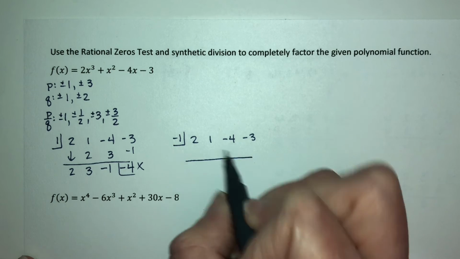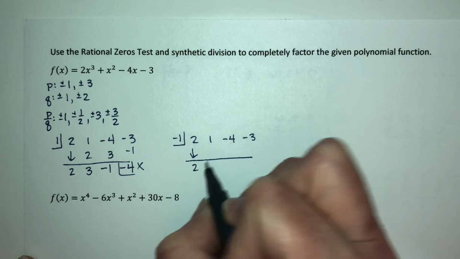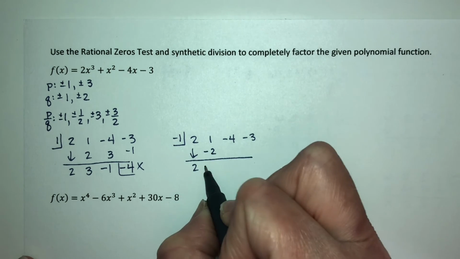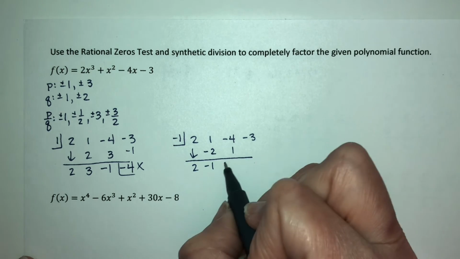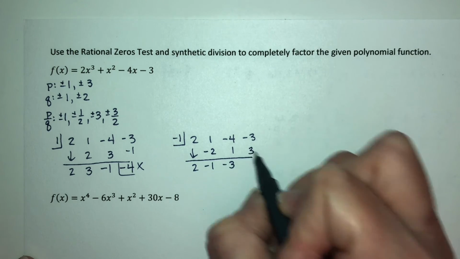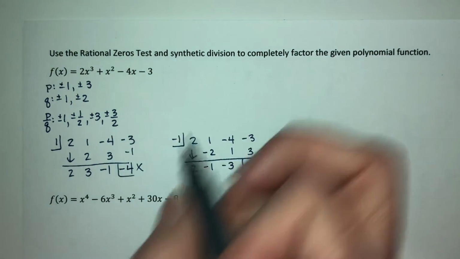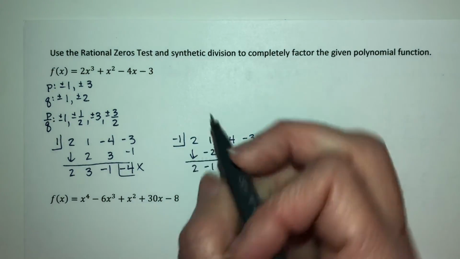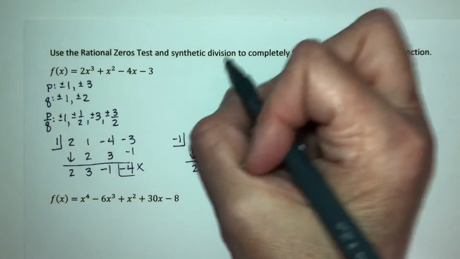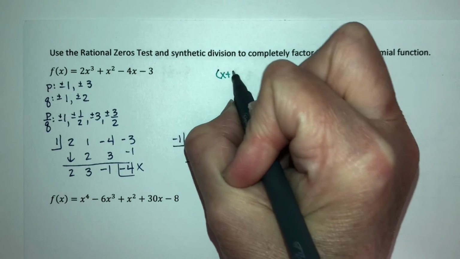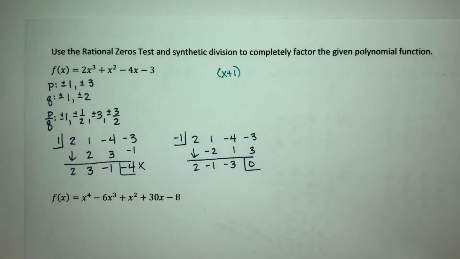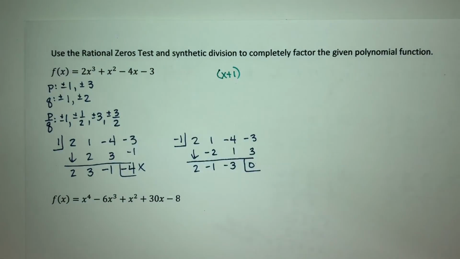Bring down the 2. Negative 1, positive 1, negative 3, positive 3, and a 0. And so negative 1 is one of my solutions. What that means is that x minus a negative 1 or x plus 1 is a factor of this.